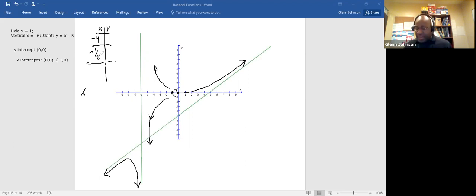So if we look at -4, at -4, the y value is equal to 6. And at -1/2, we get negative 0.045.